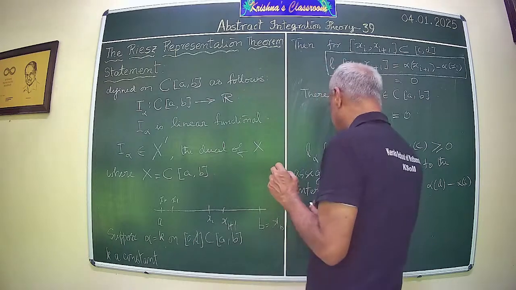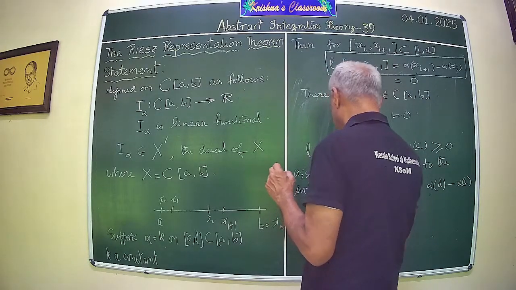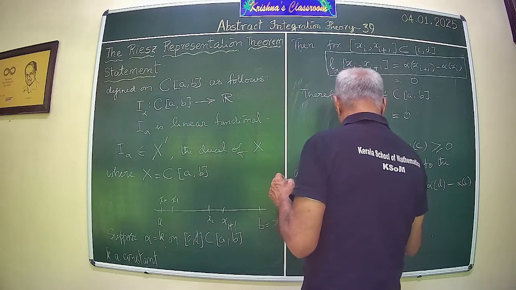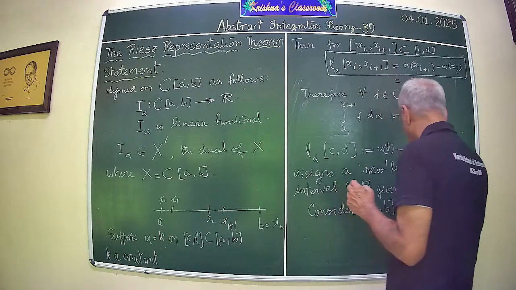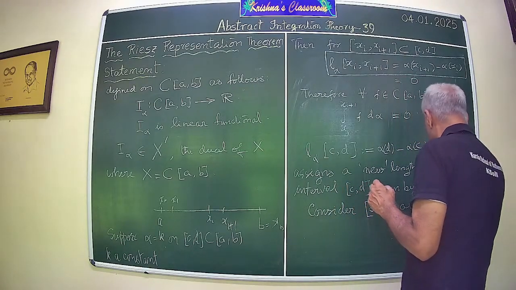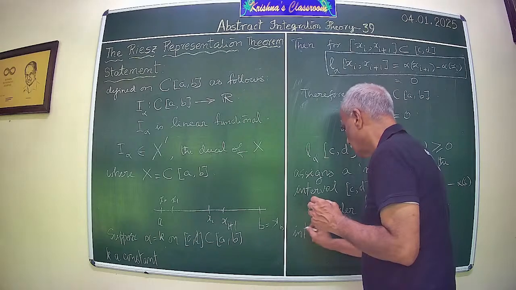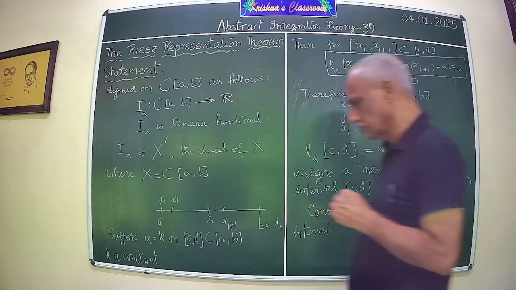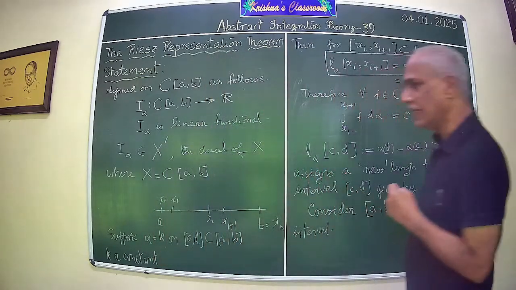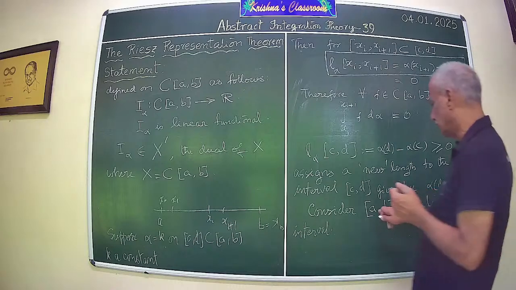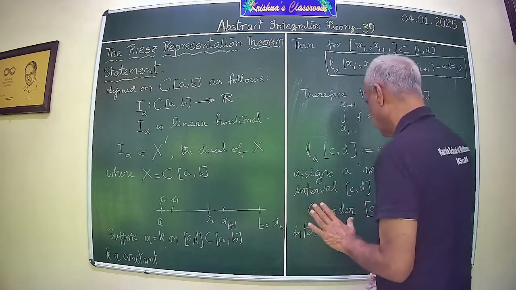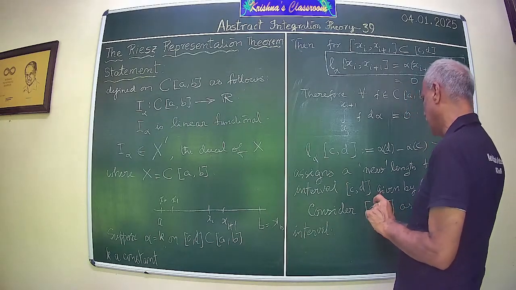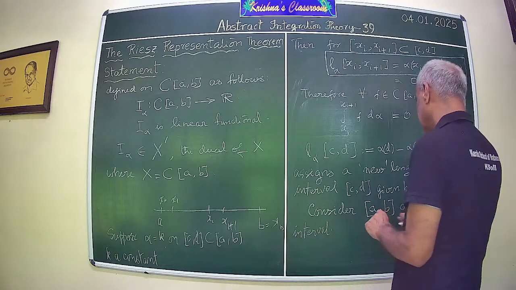You consider this as a time interval. And then consider a car starting at some point at time A and moving along the path up to time B.